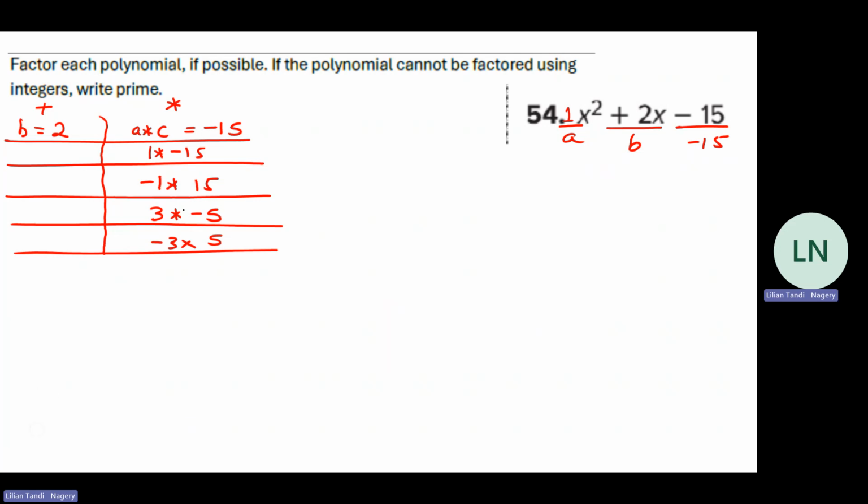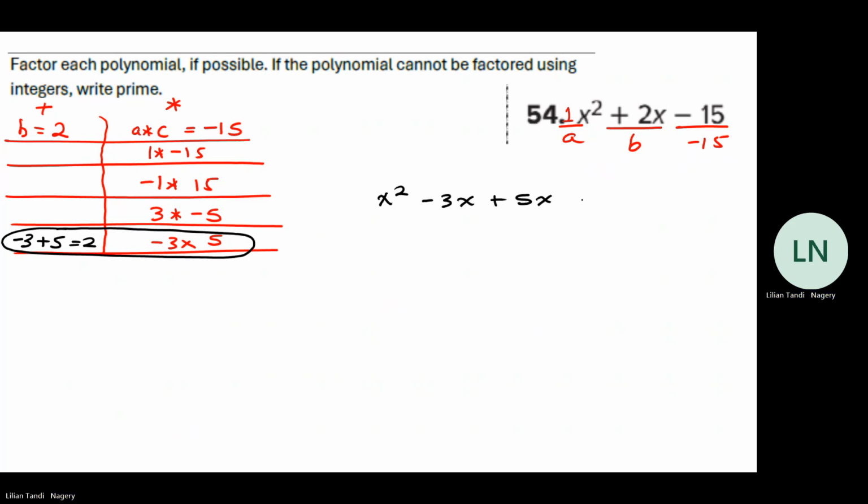What am I adding? Negative 3 plus 5 is 2. So this is my answer. I don't have to do the rest because I already found my answer. So then what will I write? I will write x squared minus 3x plus 5x minus 15.